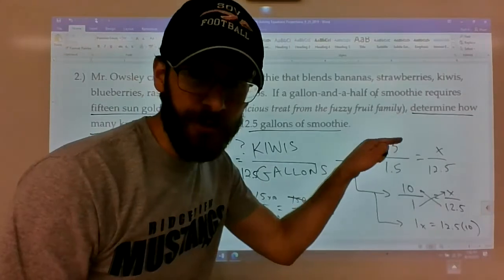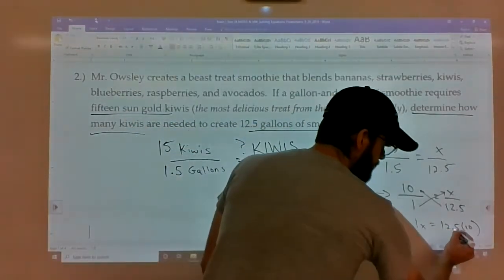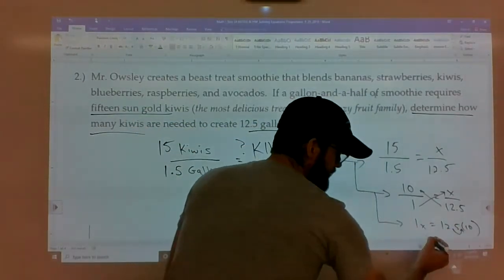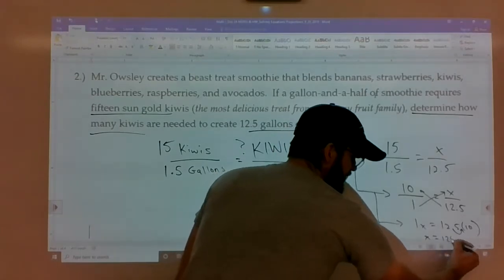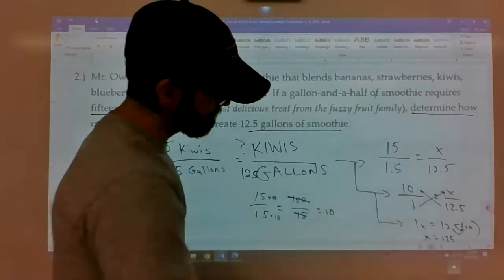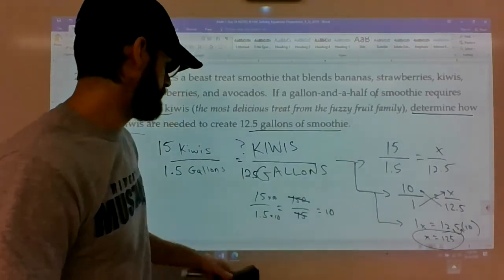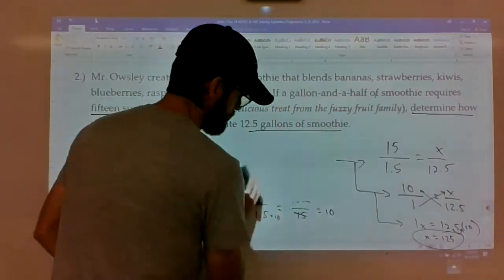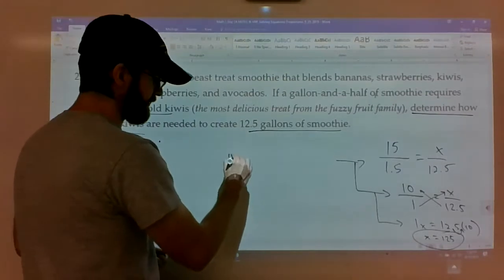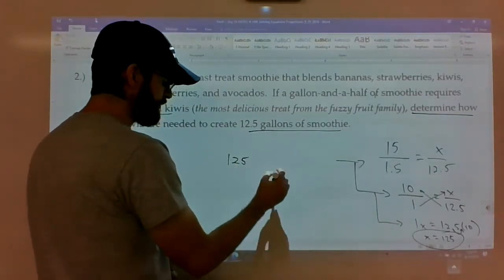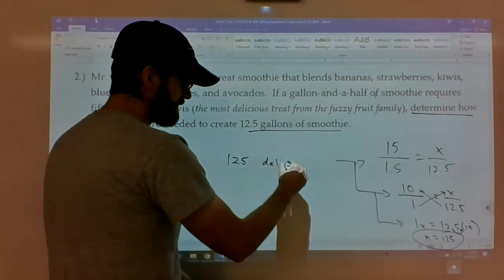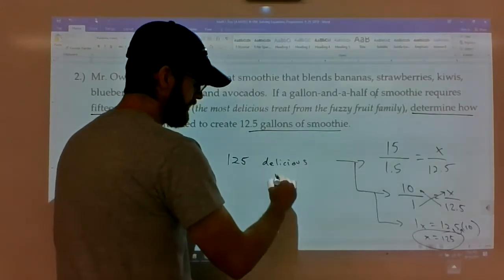It moves the decimal to the right one spot. Okay, so we need 125 kiwis. And that's our final answer. 125 delicious kiwis.